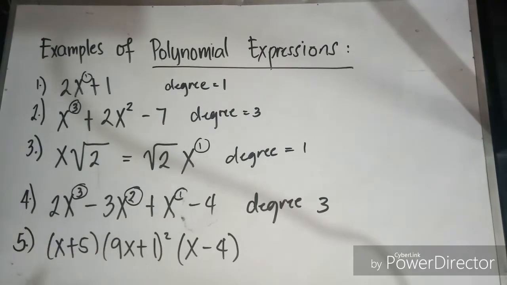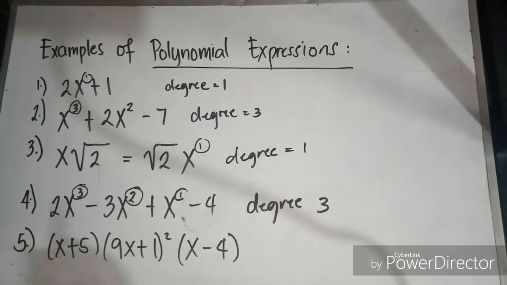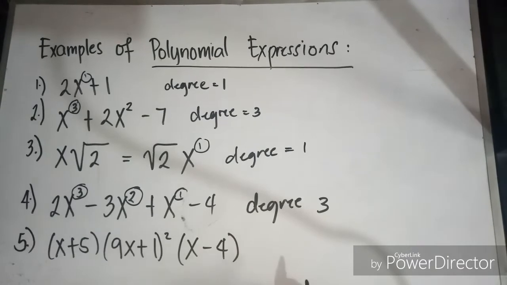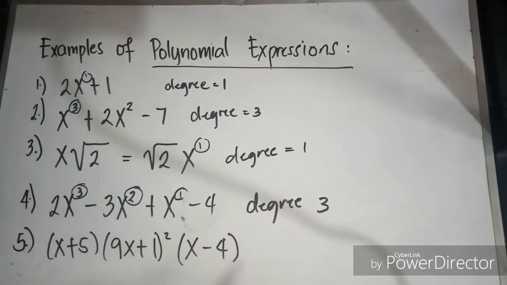How about if this is in factored form? Do I have to multiply everything just to find the degree? You don't have to do that. If you're just looking for the degree, just analyze this part. Here, you have an exponent of 2 outside the binomial 9x plus 1. So if you expand this, the highest exponent enclosed in the 2 parentheses will be 2.